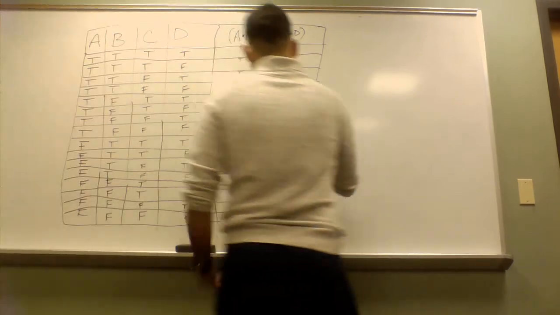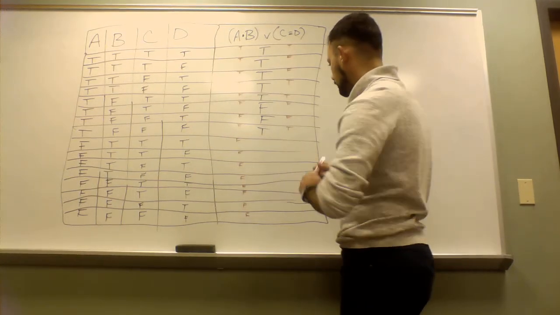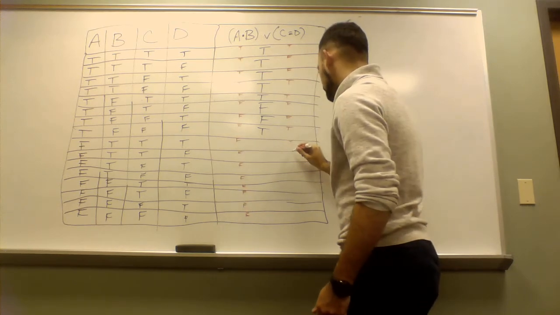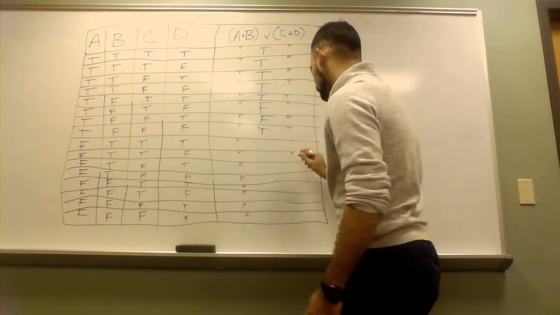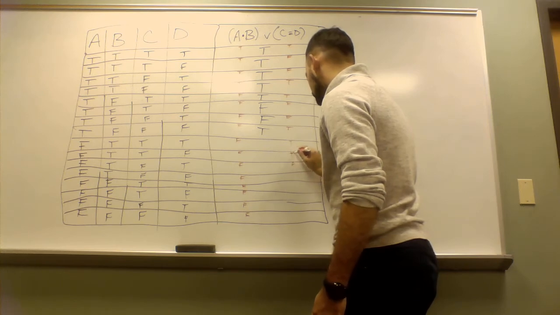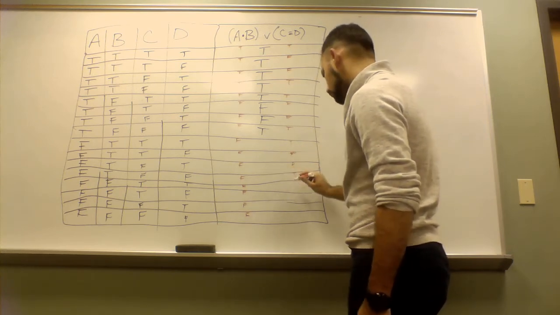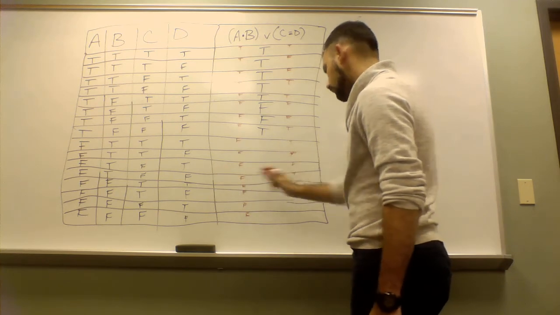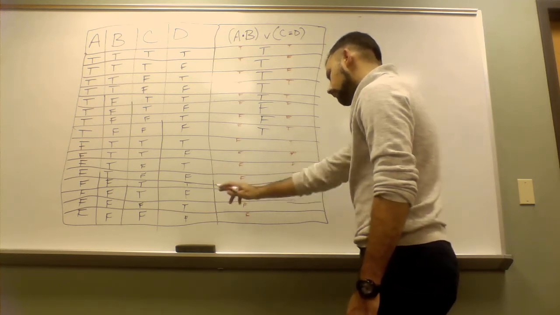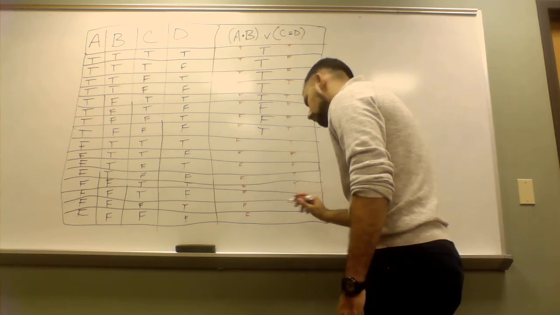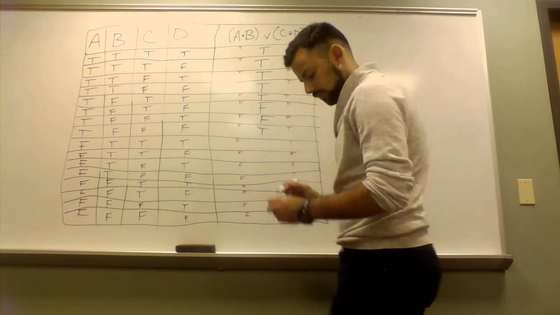Now let's just focus on C and D. True and true is true. True and false is false. False and true is false. False and false is true. True and true is true. True and false is false. False and true is false. And false and false is true.